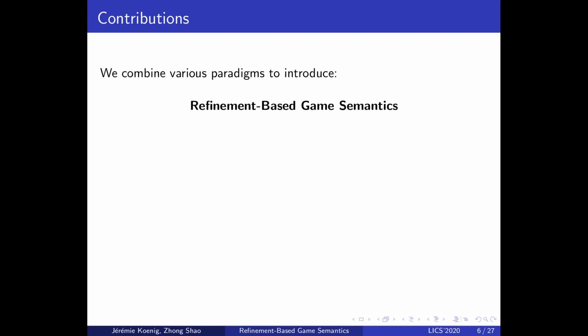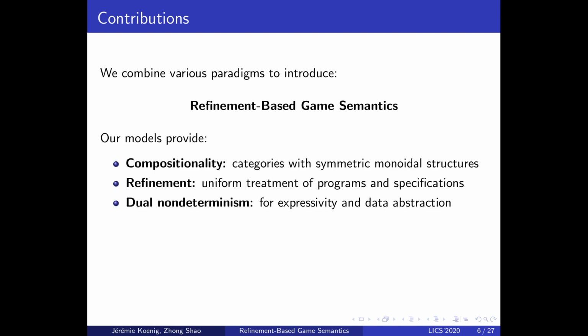So refinement-based game semantics is going to bridge this gap by synthesizing ideas from game semantics, the refinement calculus, and other lines of work. We build general and compositional models which support stepwise refinement and data abstraction, and we believe they are suitable for building large-scale certified systems.